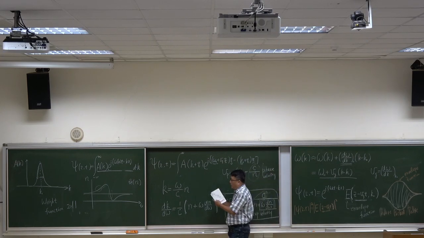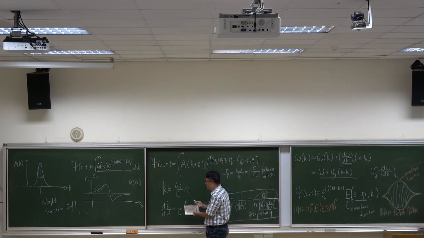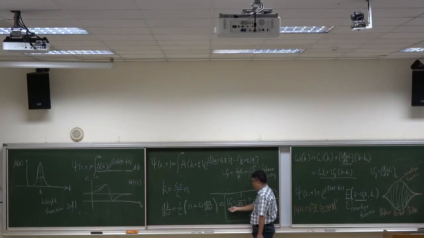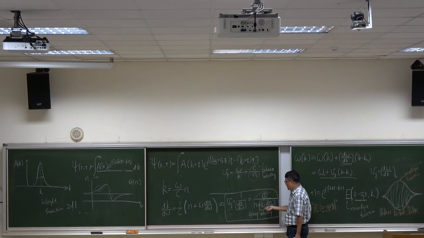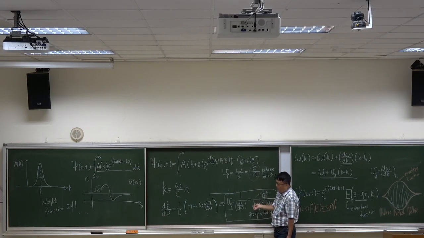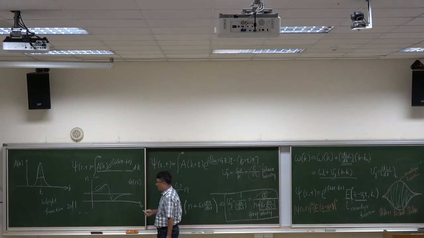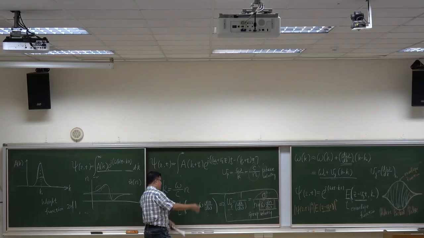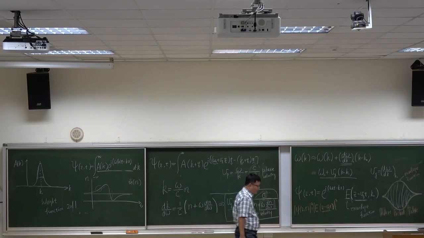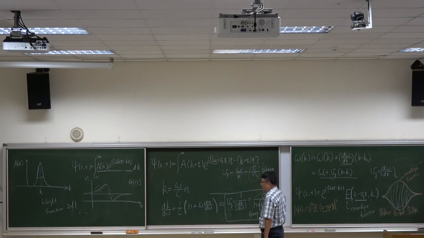So you have the chance to find a region that you find apparently group velocity larger than the speed of light, because if this quantity is negative, then this may become too small, so that you get a so-called group velocity larger than the speed of light.